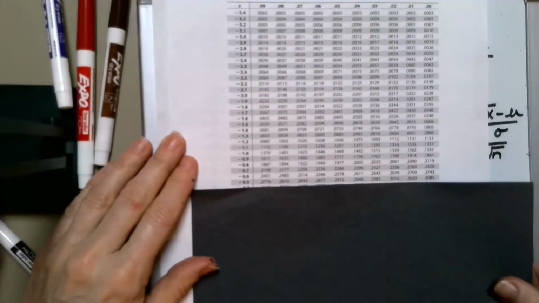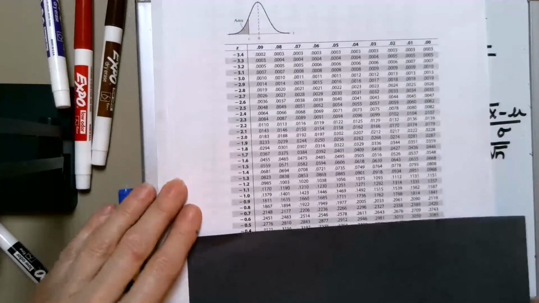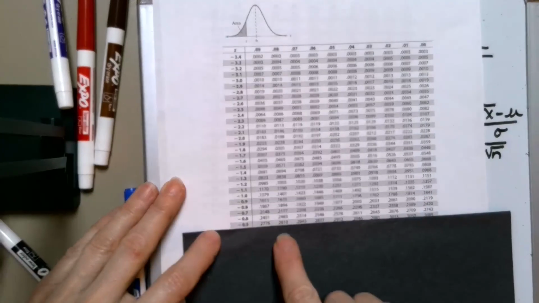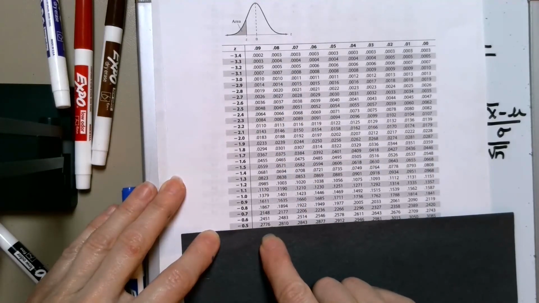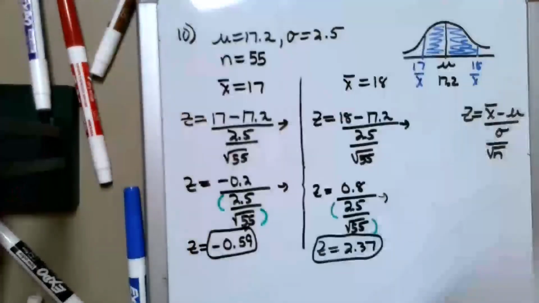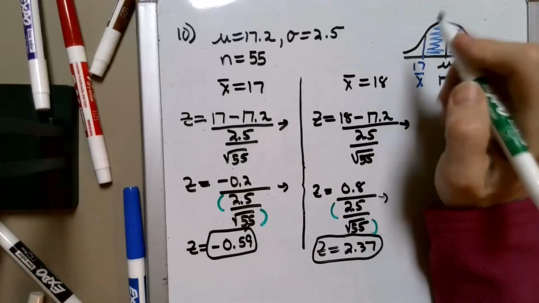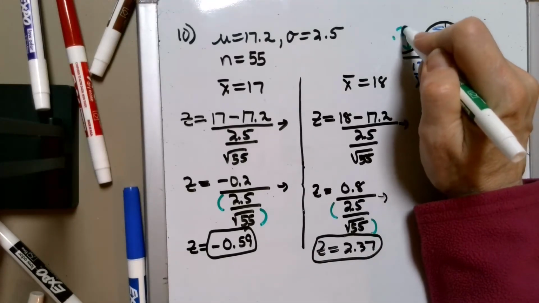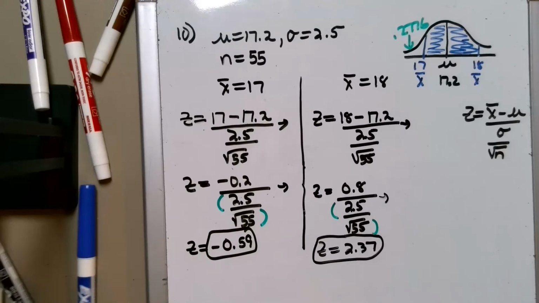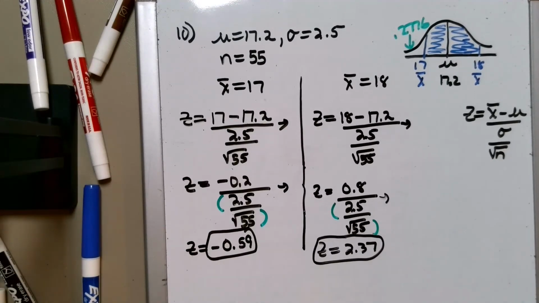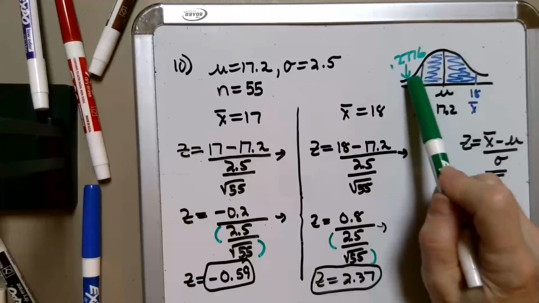Row negative 0.5 and then 900ths. I'm going to get this area of 0.2776. That's the area in the left tail, because whenever I look something up, I get the area in the left tail when I look up negative 0.59.